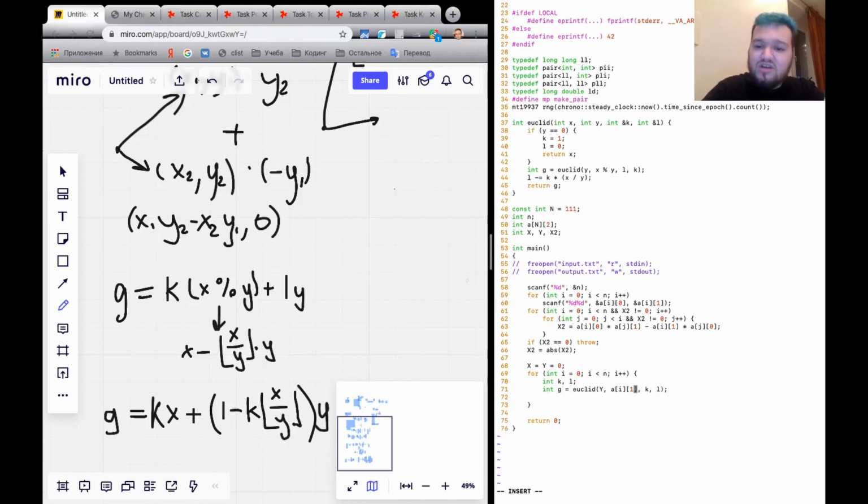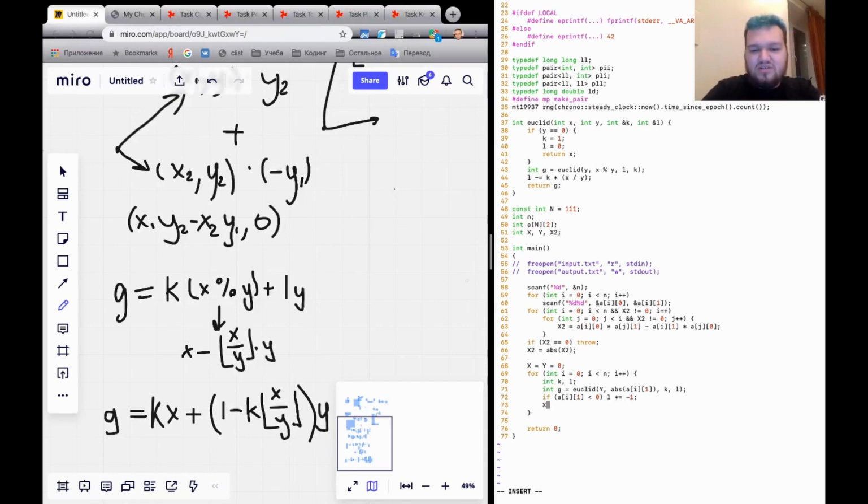So G is GCD. Well, actually, we want to do if lead on non-negative numbers. So we will say this, and if it was actually negative, we will multiply L by -1. So now GCD is non-negative. So K times our old move plus L times this new move will have y coordinate equal to G.